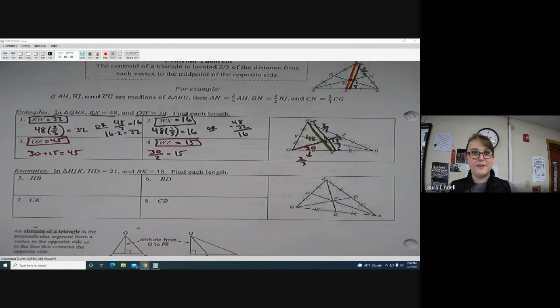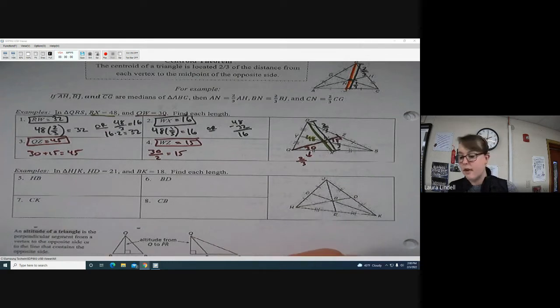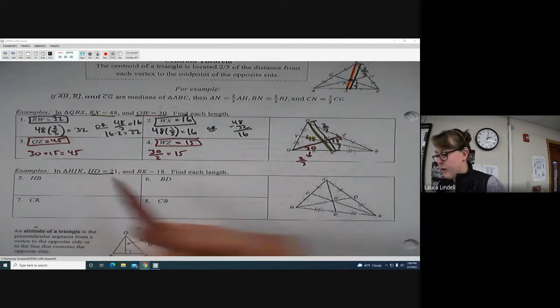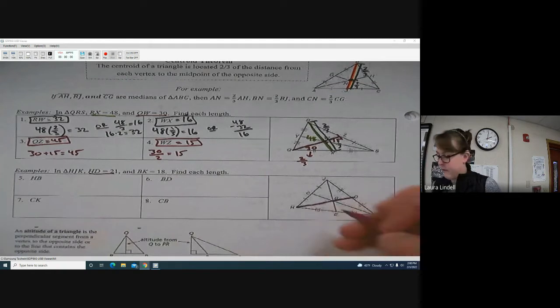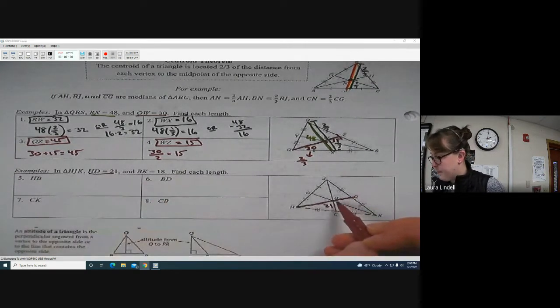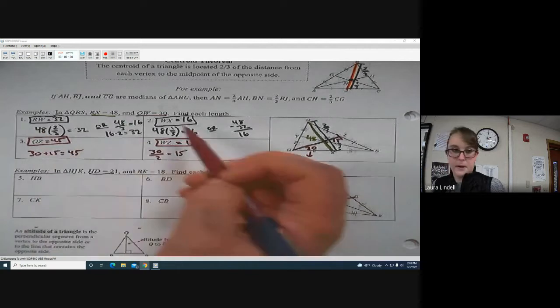All right, so hopefully you did that. If you didn't, we're going to go over how to do these problems. So I recommend pausing it and trying them first. But let's see what we get here. HD is 21. Here's HD. HD is a full length of a median. I'm looking for HB and then BD. So both of these, this is the 2/3 and the 1/3. So this is just like the first 2 that we did up here.